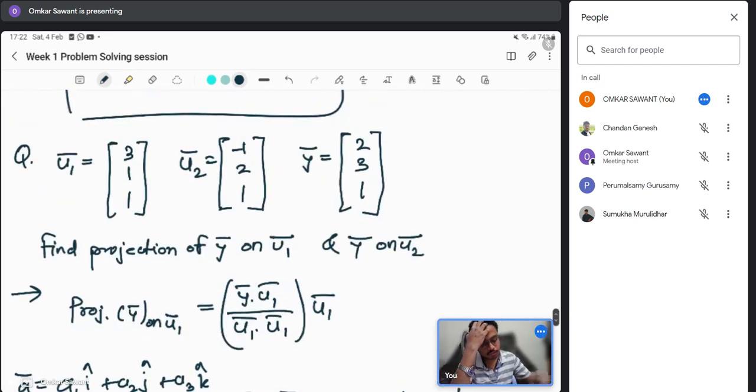You will simply multiply the terms: 6, 3, and 1. So 6 plus 3 plus 1. What is 6 plus 3 plus 1? 10.